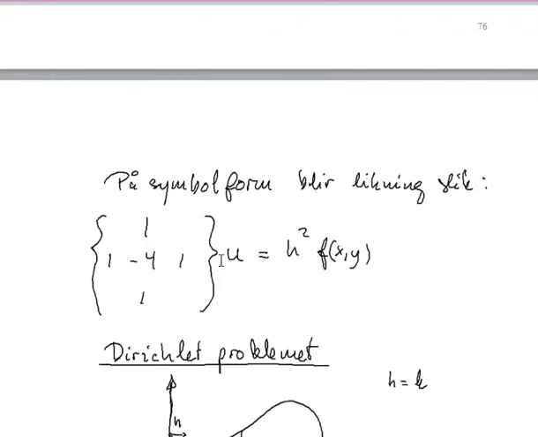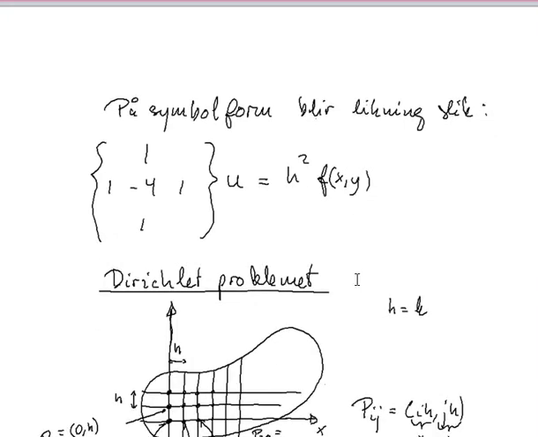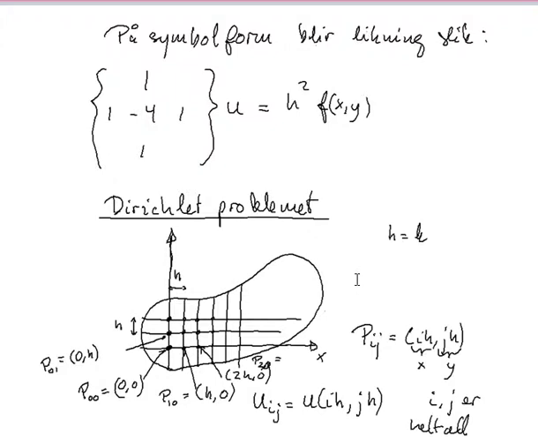So in symbolic form we can write the equation by this. We just use this symbol and multiply it in some sense with u, and get h squared multiplied with f of x, y. The Dirichlet problem will be solved very soon by using numerical methods where we use this scheme.